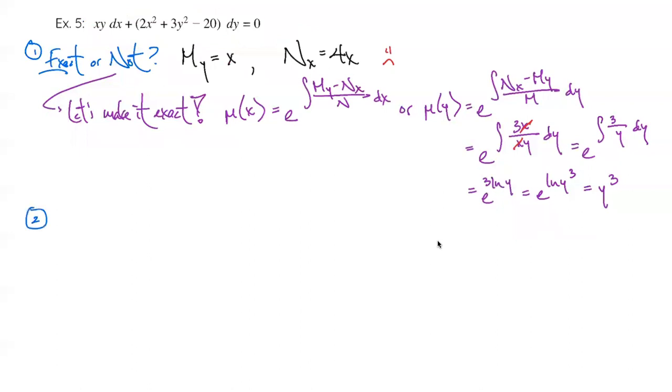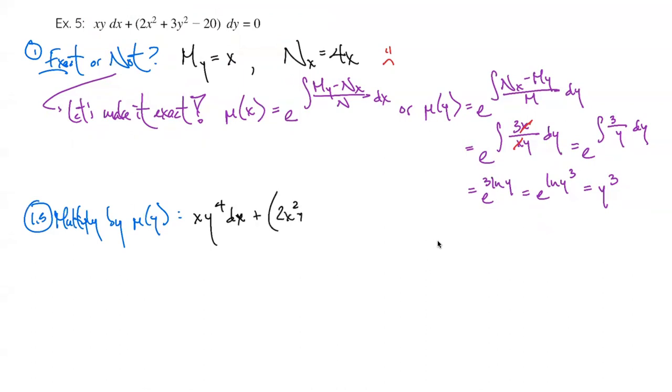And when we do that, we end up with, maybe let's call this a step 1.5, multiply mu of y, and we're going to get x y to the 4th dx plus 2x squared y cubed plus 3 y to the 5th minus 20y cubed dy equals 0.